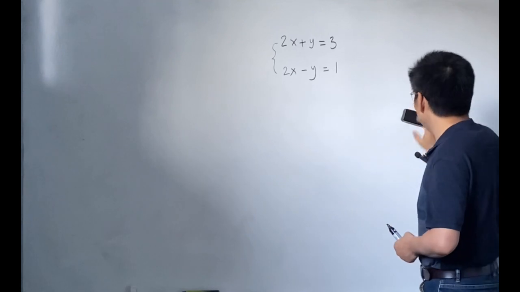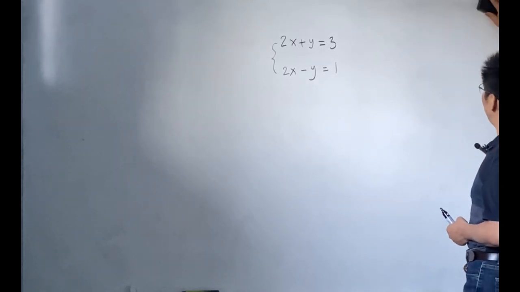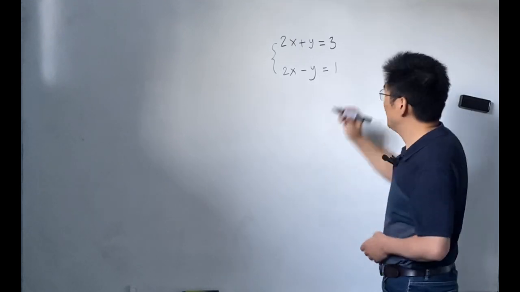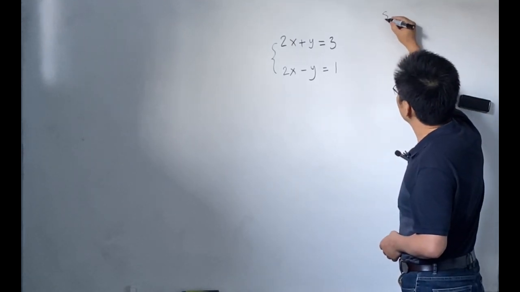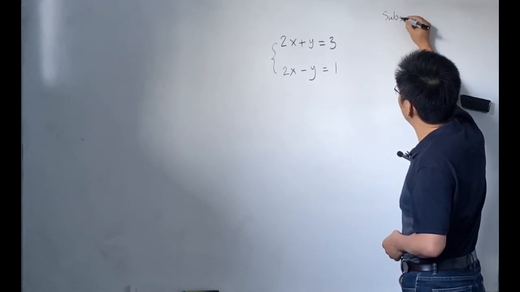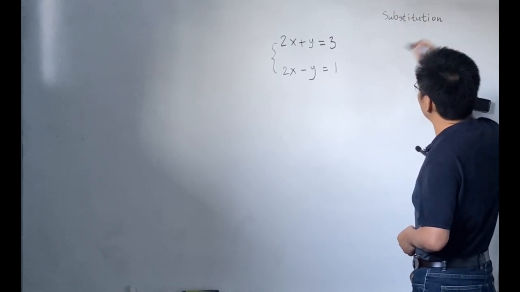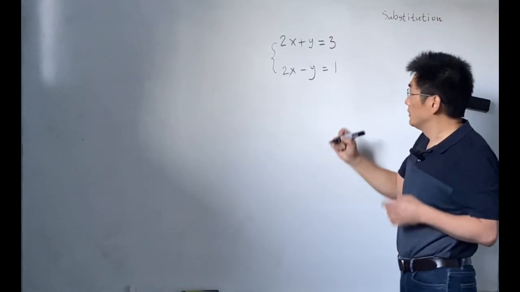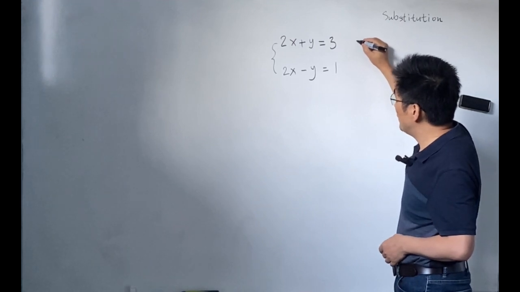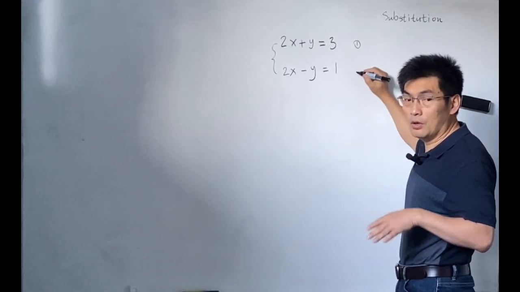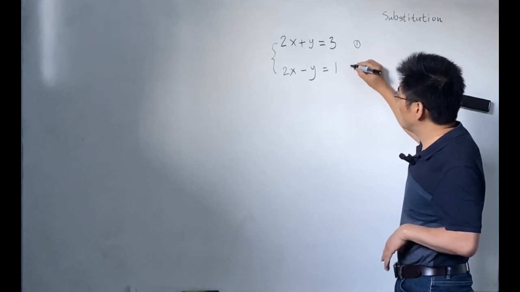So the first method is called substitution. Right? It's called substitution. So let's label the first equation as 1 and the second equation as 2.